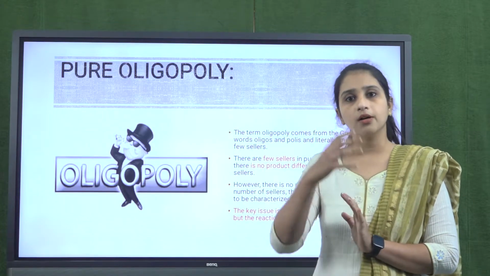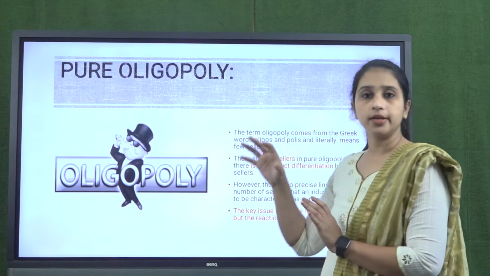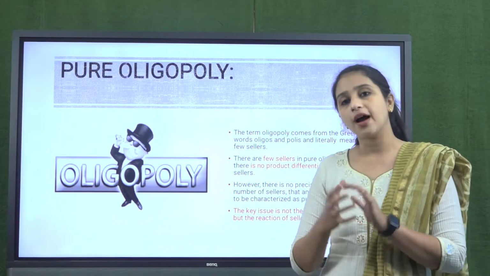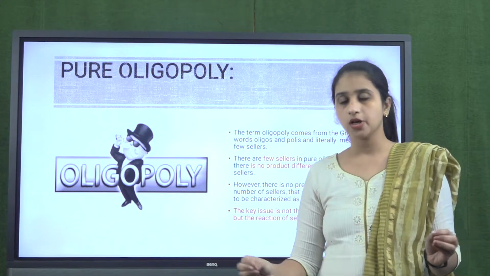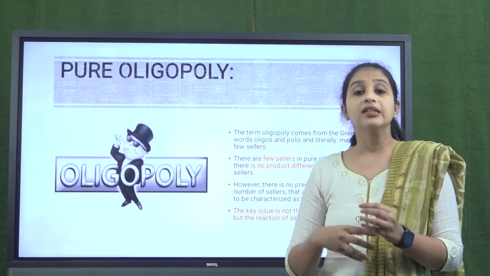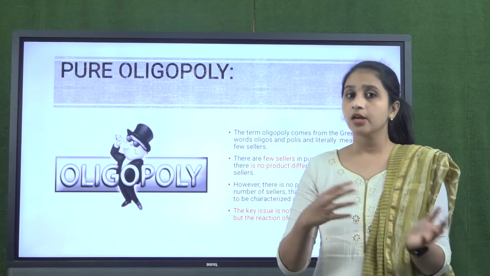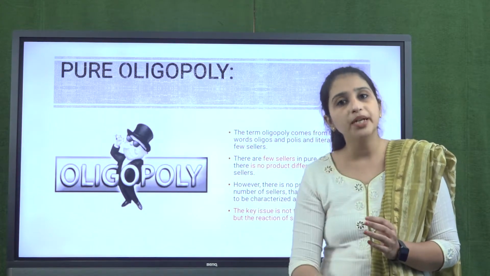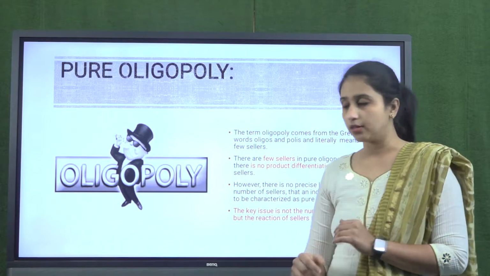So here in pure oligopoly, the number of sellers is not being determined. Here you have to differentiate the market on the basis of the reactions of sellers to each other, or you can say the reaction of the competitors to each other.